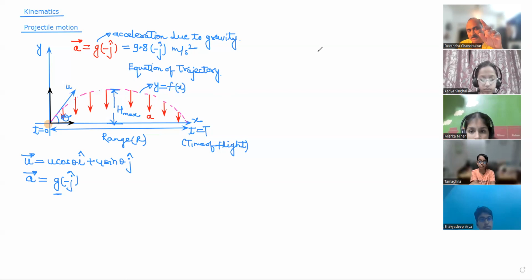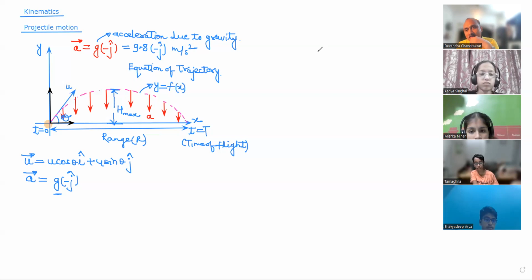Small g varies only when the distance between the object and the surface of the earth becomes large. How large? More than 3% of the earth's radius. How much is the earth's radius? 6,400 kilometers. Got it? So after approximately 192 kilometers, g will show some variation.